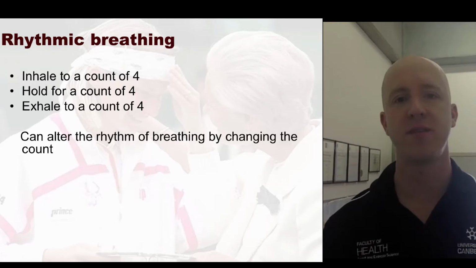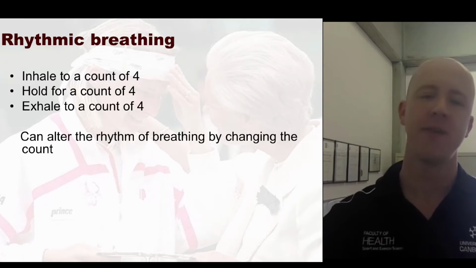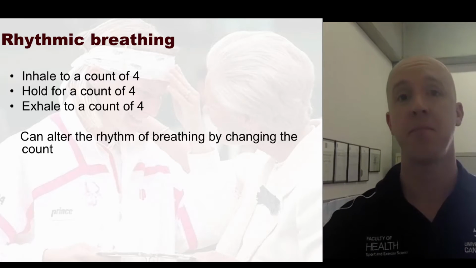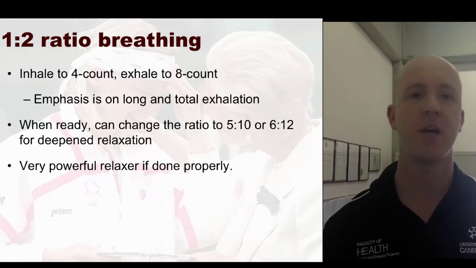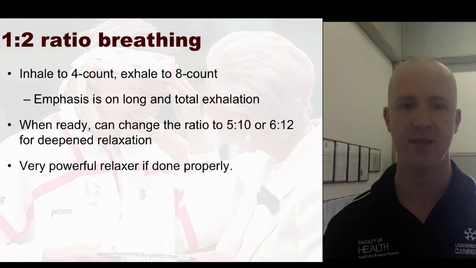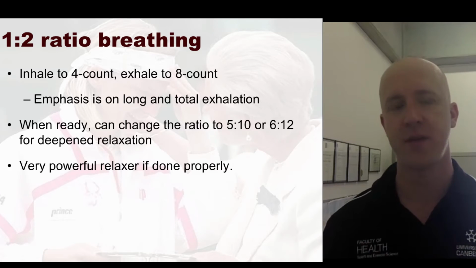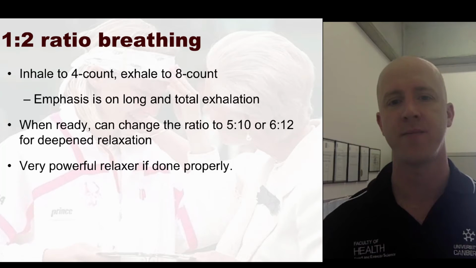So another attempt would be simply rhythmic breathing, in for 4, hold for 4, out for 4. And these are just different versions of the same basic thing of controlling your breathing. It could be that there's a 1-to-2 ratio, in for 4, out for 8, so slowing things down, and the ratio might change depending whether it be 4 to 8, 5 to 10, but generally it's twice as long to breathe out as in.